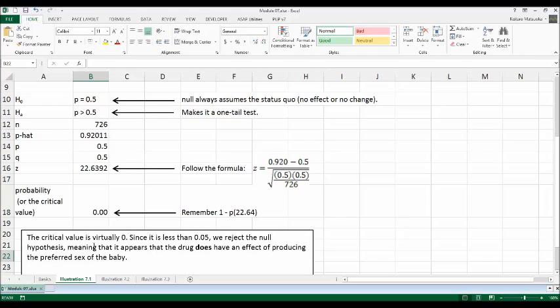So that means the rule says we reject the null hypothesis. So what that means in the context of this problem is that the drug does seem to have an effect of producing a preferred sex of the baby, in this case the baby girl. So that's the general process of how you go about doing the hypothesis testing.